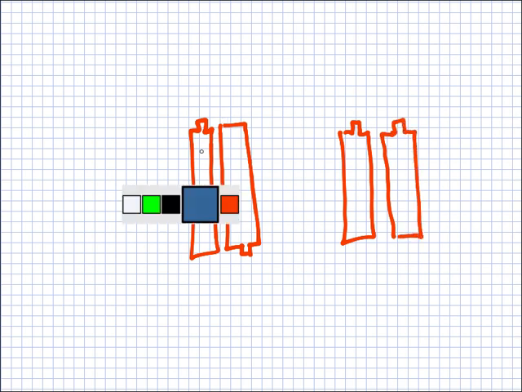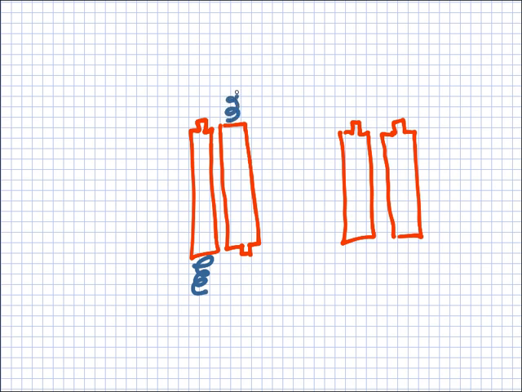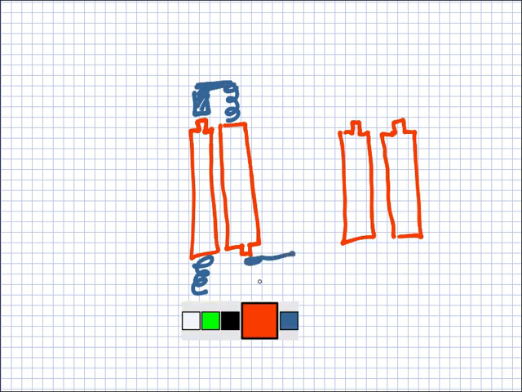So this one, if you look carefully, there'll usually be a spring here, and a spring here, and a piece of metal here, and these are connected, and a piece of metal here, and these are connected. So the current goes this way.